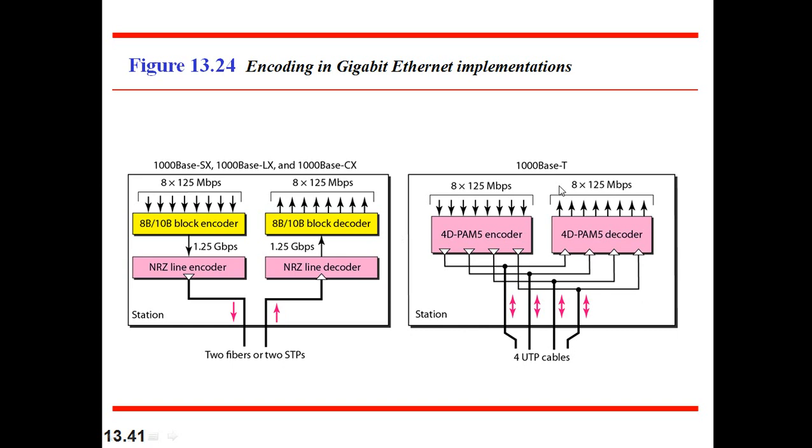The next one is 1000BASE-T. Here we are using a 4D-PAM5 encoder. The 4D refers to the data units that are transmitted over the cables at the same time, and we are using 5 different levels.